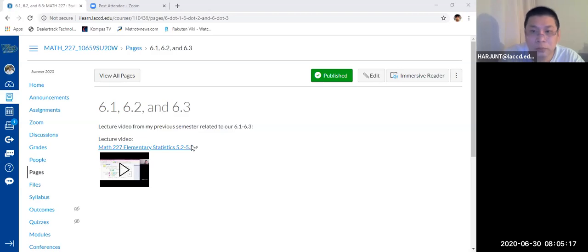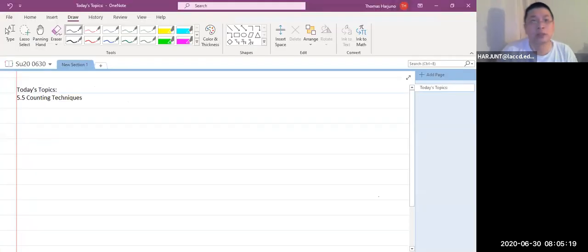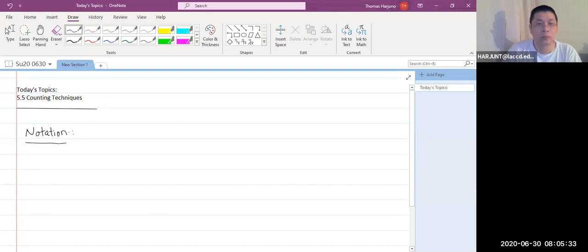Now, for us, we will first do notation. This is a big portion. The first notation that you need to learn is factorial.